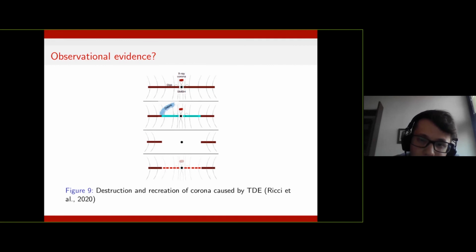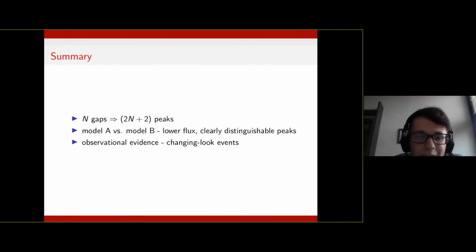So in summary, in our case, we have that n number of gaps in the accretion disk will eventually result in 2n plus 2 peaks in the spectral line profile that we observe.